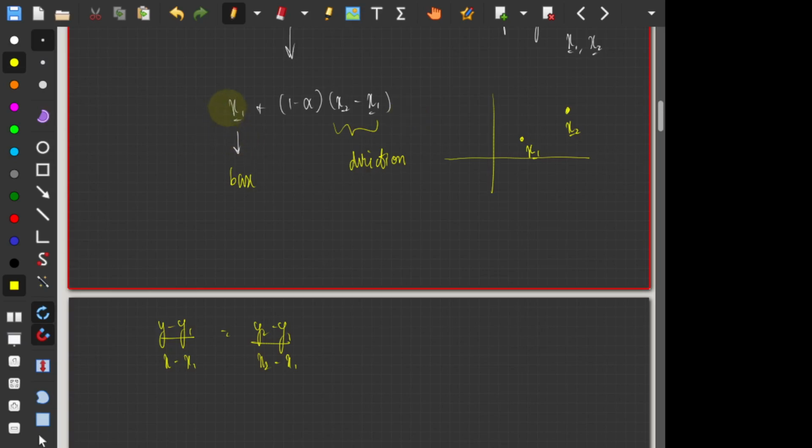So again, you should keep in mind that these are vectors. In this case, x1 and x2 are vectors, whereas in this case, we have these spelled out in terms of the individual variables. So how do I write this in vector form?